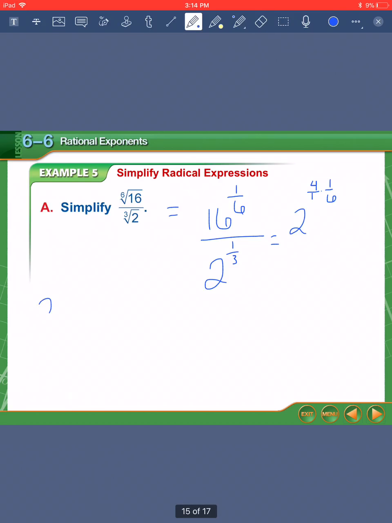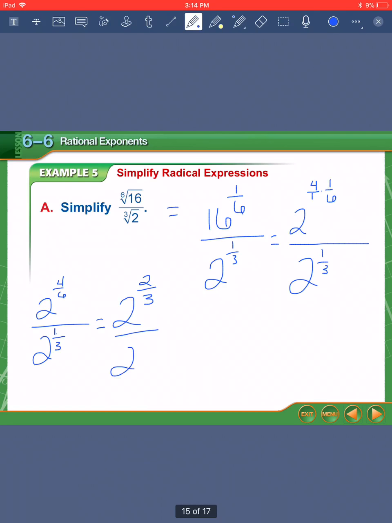So that's really 2 to the 4/6 power in the numerator. Over, I've got 2 to the 1/3 in the denominator. Well, 2 to the 4/6, the 4/6 can be simplified to be 2 to the 2/3 over 2 to the 1/3. And when you divide, you're really subtracting those exponents.